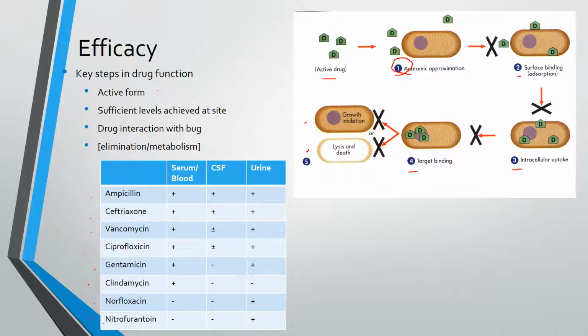Probably the most important part of any antibiotic choice that a doctor has to make: does that antibiotic actually function at the site of the infection? How can I get it to the site of the infection? So a lot of wounds, if you're talking about a wound infection, most wound infections can be superficial.